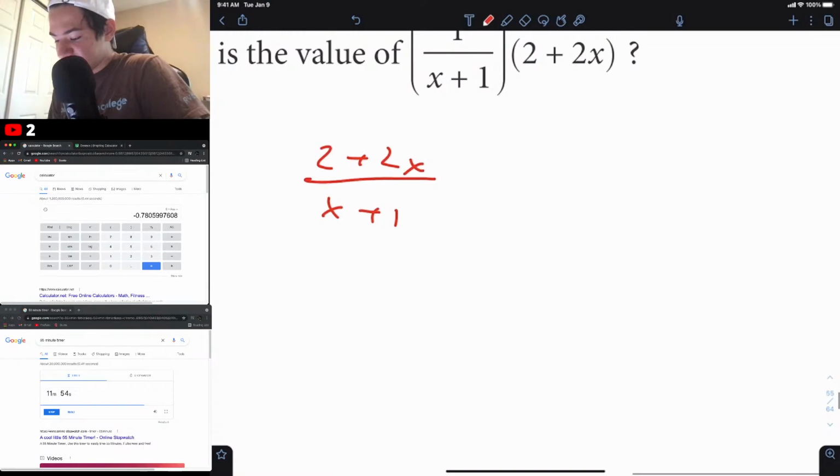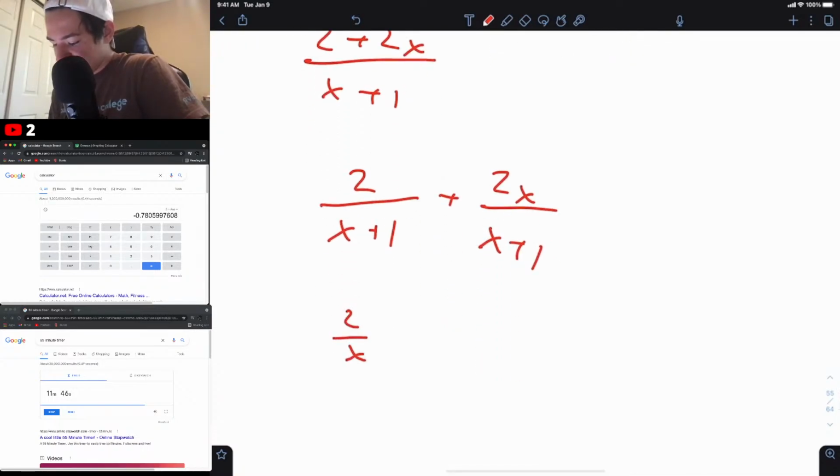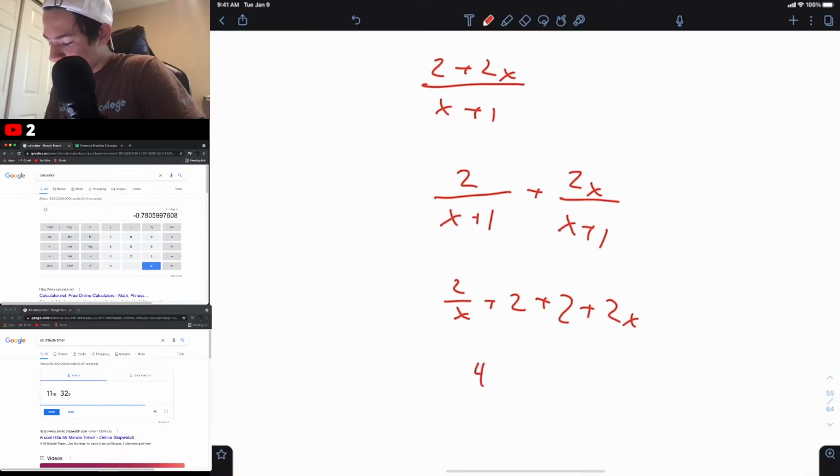So that's the same thing as saying 2 over x plus 1 plus 2x over x plus 1, which is the same as 2 over x plus 2, I guess, plus 2 plus 2x, so 4 plus 2.